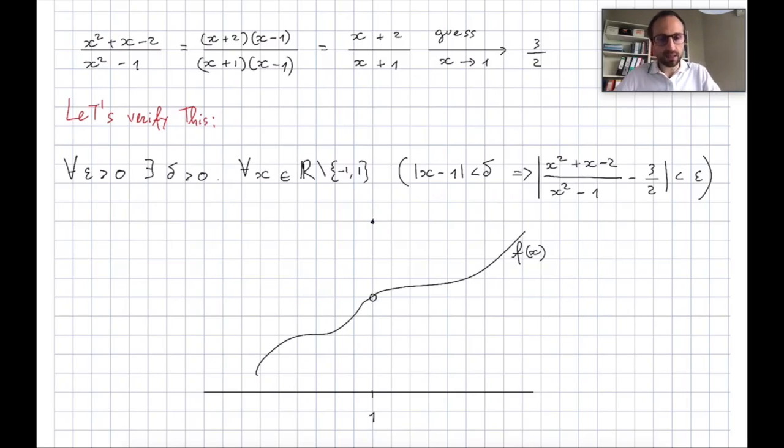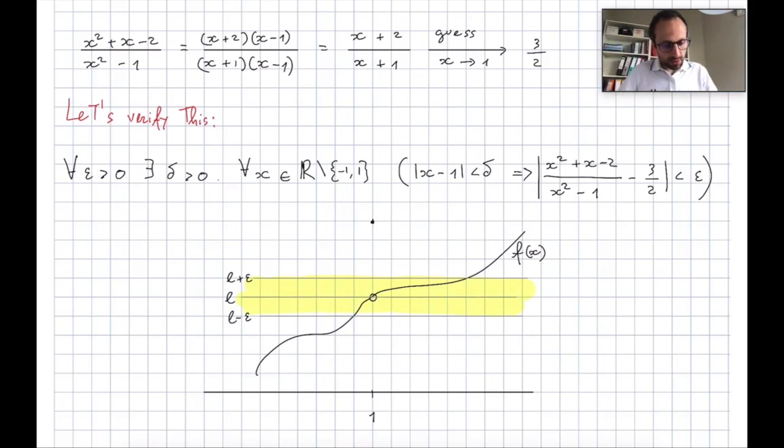So what does it mean that the limit is a value L here on the y-axis? Suppose this is L. This means that for any possibly very small region around L, this is L minus epsilon, this is L plus epsilon, let's draw this yellow band here so that this is clear.